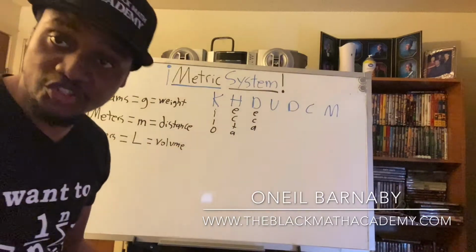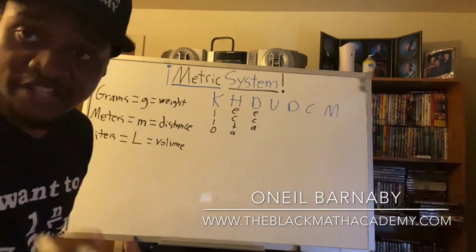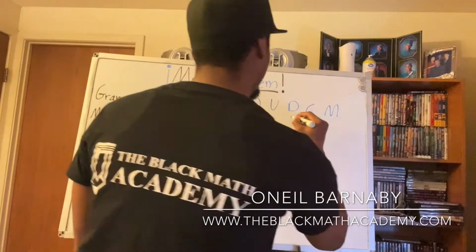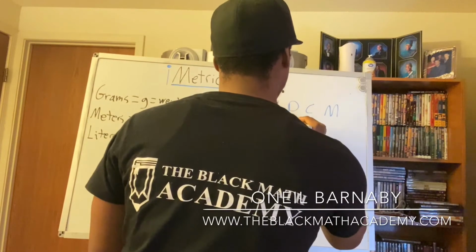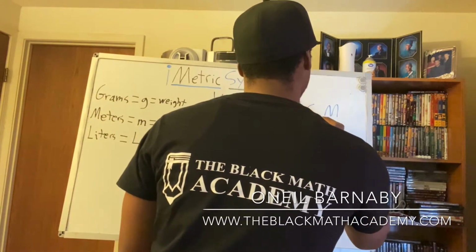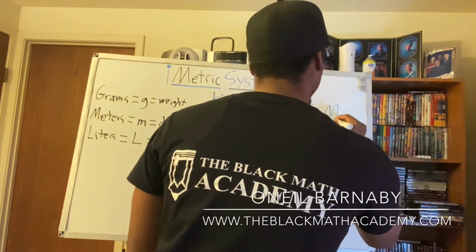U stands for the unit, so the grams, the meters, or the liters. That's where the unit would go. The next D stands for deci. C stands for centi. And M stands for milli.